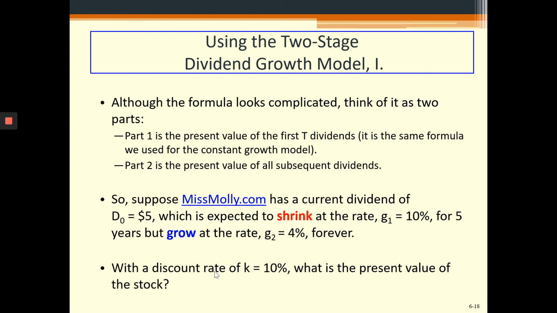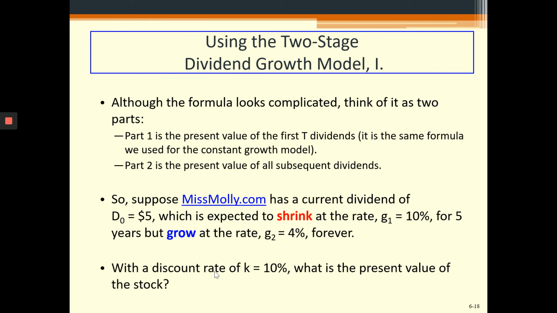So for example, now there is a company, MissMolly.com, and its current dividend is $5, which is expected to shrink at the rate of G1 equal to 10%. Remember, it's shrinking, it's not increasing. It's shrinking at 10% for the first 5 years, and then it will be growing perpetually at 4% forever, right?